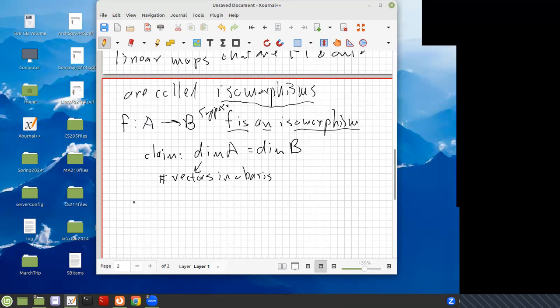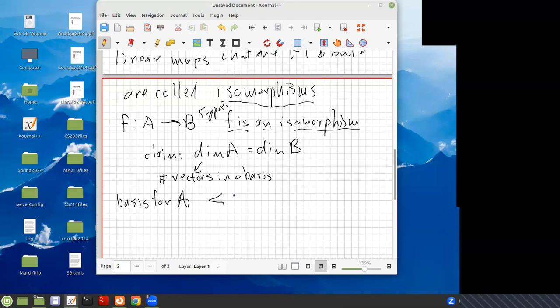Let's say we have a basis for A. A basis for A is a sequence of vectors.